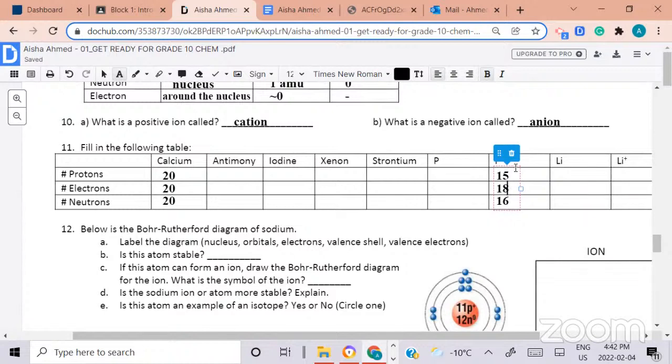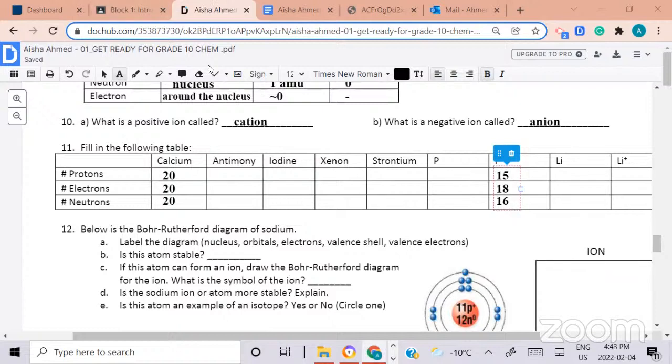If it's plus, like lithium plus, you subtract an electron, because the number of protons never changes. Can you still hear me? Yes. So the number of protons never changes, but if you have a positive, like lithium plus, that means it has one less electron. We only play with the electrons.